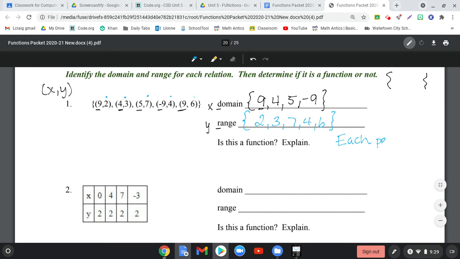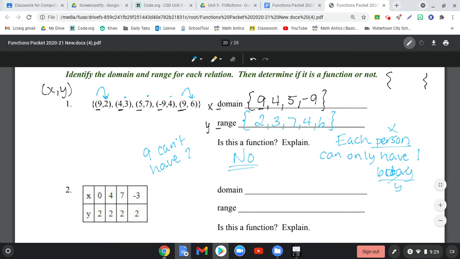Each person, which is the same as our X, can only have one birthday, which is the same as Y. So each X can only have one Y. You might be able to see here that it's not a function because 9 goes to 2, but then 9 goes to 6. 9 can't have two birthdays. But instead of birthdays, we'll say 2 Y values.